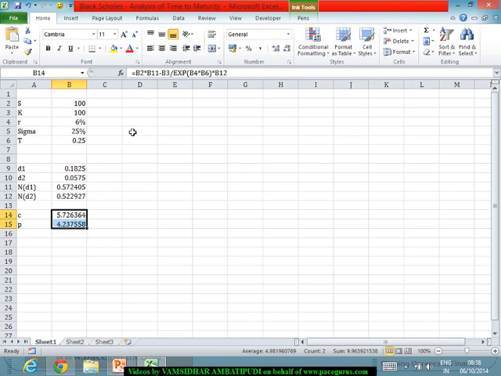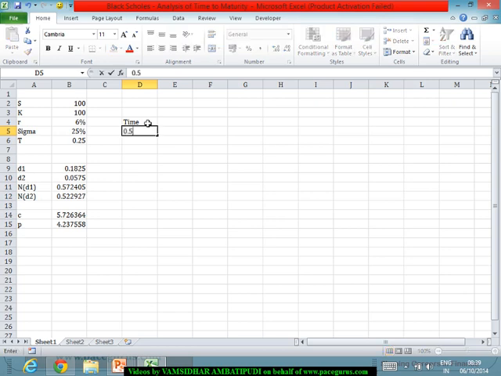So what I'll do is try different possibilities for the time to maturity. Instead of 0.25, let's say I will increase it to 0.5, 1, 2, 3, 5, 10, 20. This is where we talk about going closer to infinity.